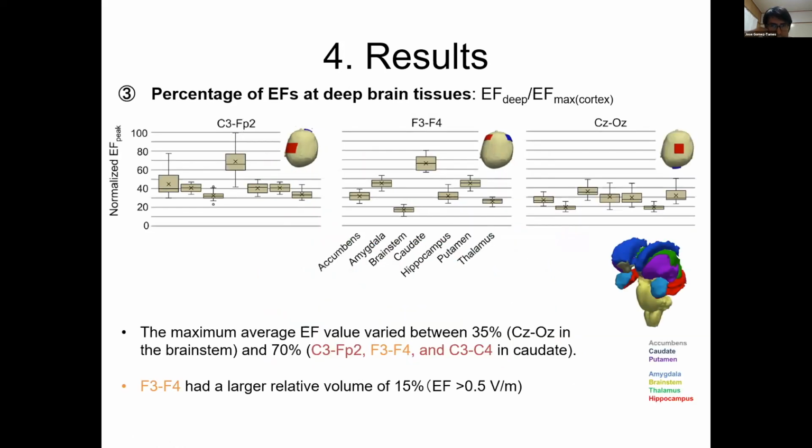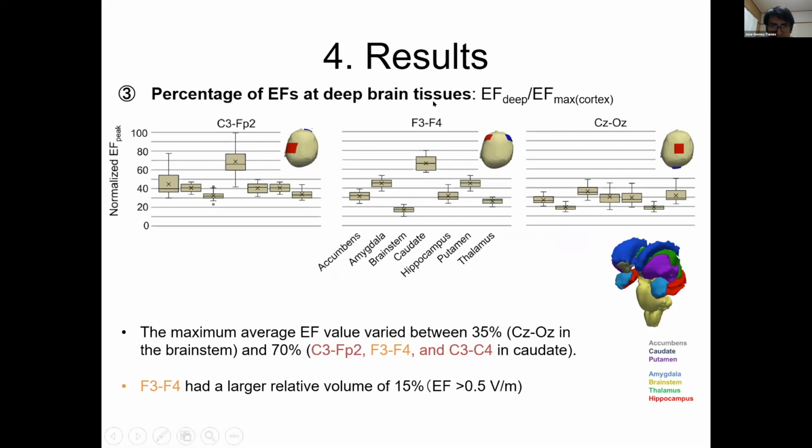In the next slide, I would like to show that this is not only consistent, but also the values in the different regions are close to the cortical values. So this is the normalized electric field, normalizing with the maximum value in the brain cortex.